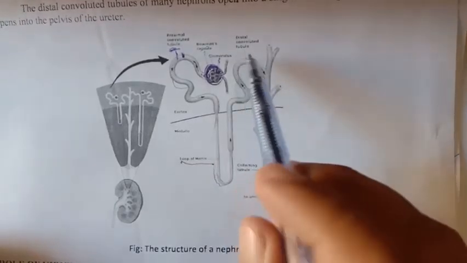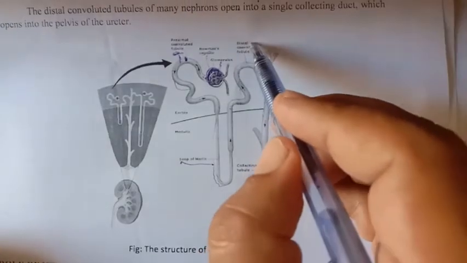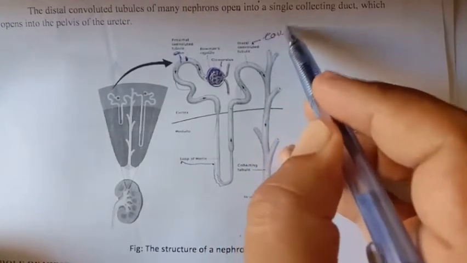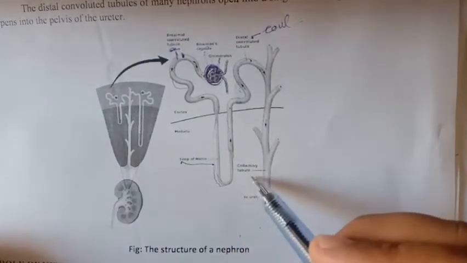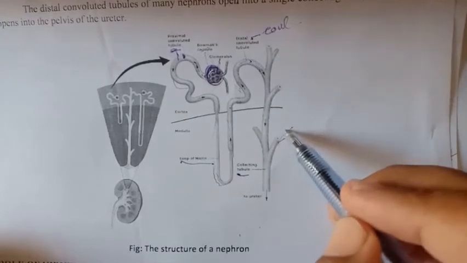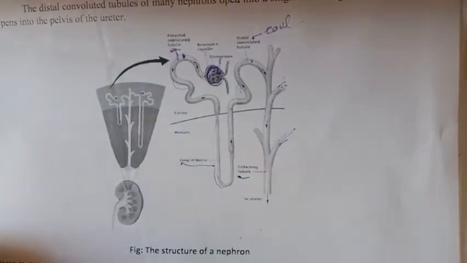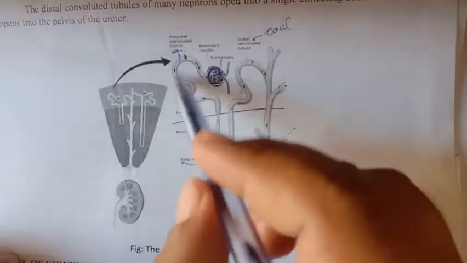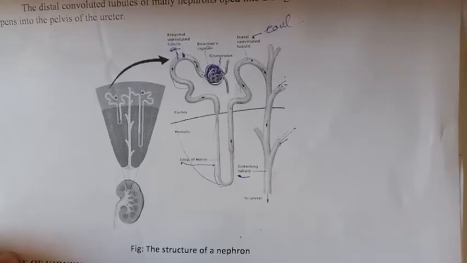The last and more convoluted part, convoluted means coiled, is called the distal tubule, and this is the collecting tubule or collecting duct. Many nephrons collect urine into a collecting duct. This explains the overall structure of the renal tubule or nephron.